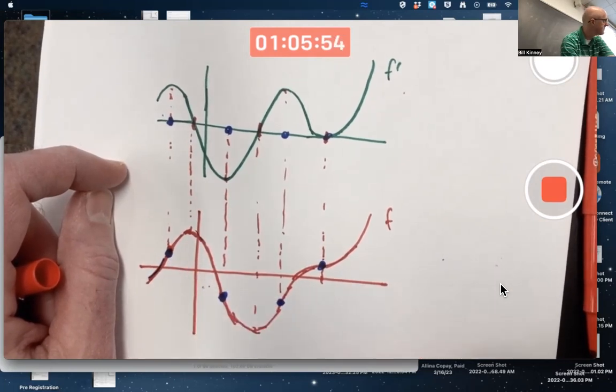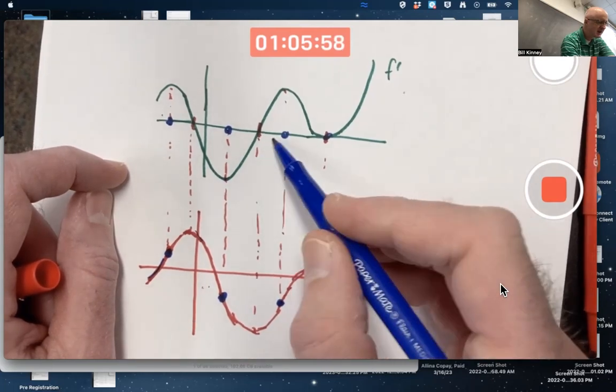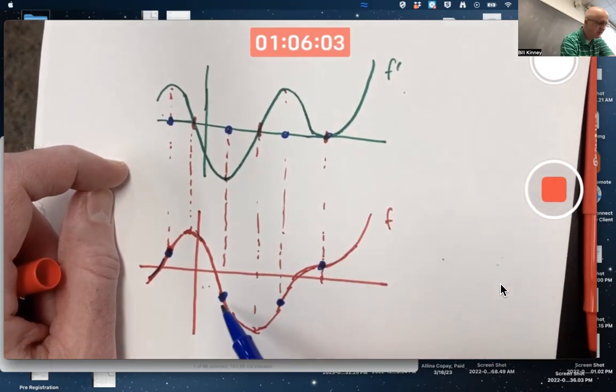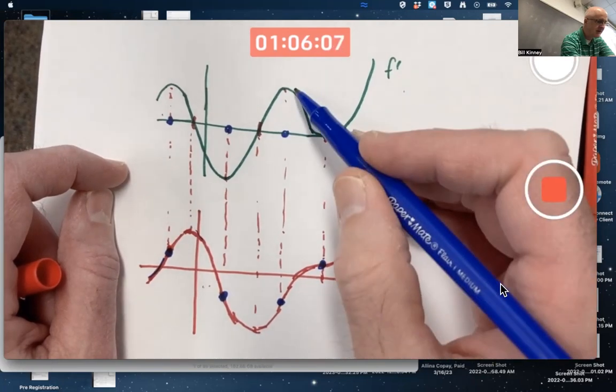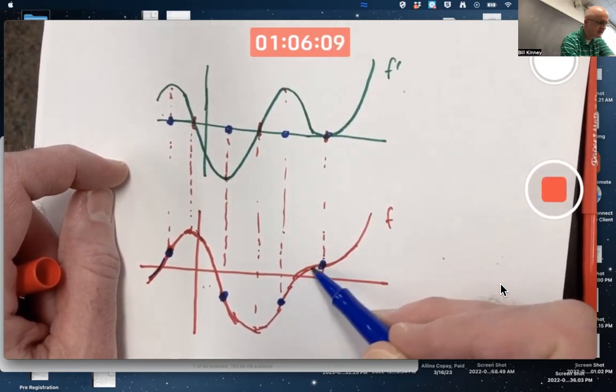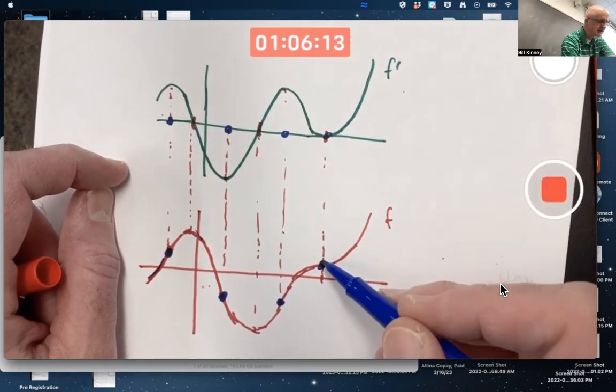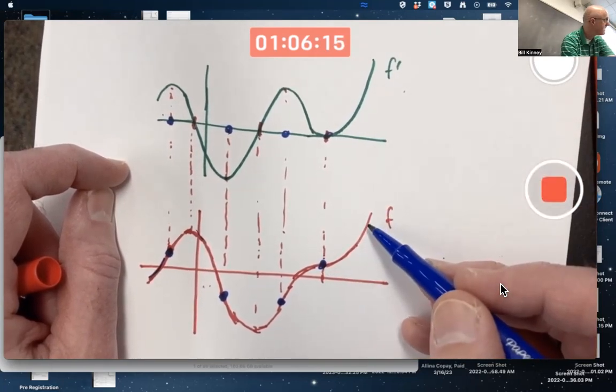That's why that's an inflection point. Likewise, in here, f prime is increasing. So the slope of f is increasing. It's concave up. Over here, f prime is decreasing. So the slope of f is decreasing. It's concave down. And over here, f prime is increasing. So the slope of f is increasing. It's concave up.